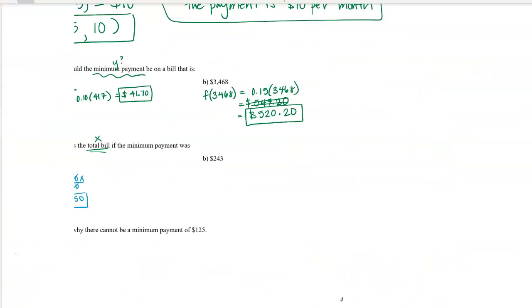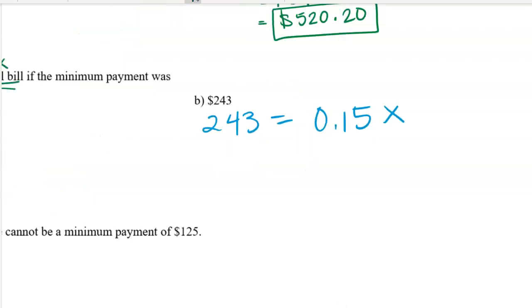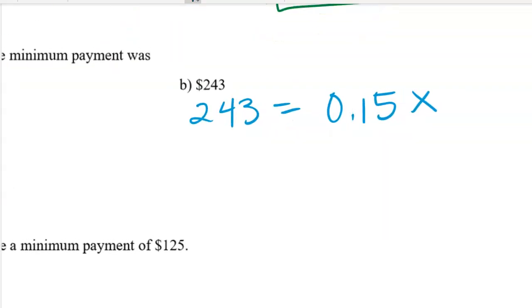Okay. So 243 equals 0.15 of x. Then we are going to, Tyler, how do we solve x? Times 0.15. I think you meant divide. Yeah? Okay. All right, use your calculator, Tyler.